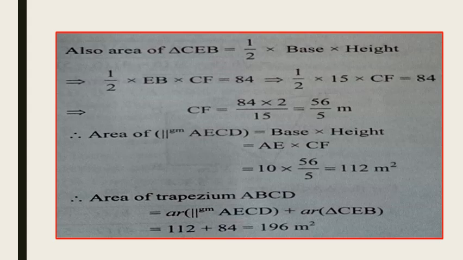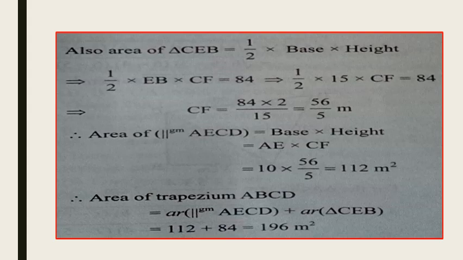Now we can find the area of the parallelogram AECD, that is equal to base into height. So our base is AE, that is 10, into CF, the height, is equal to 56 by 5.